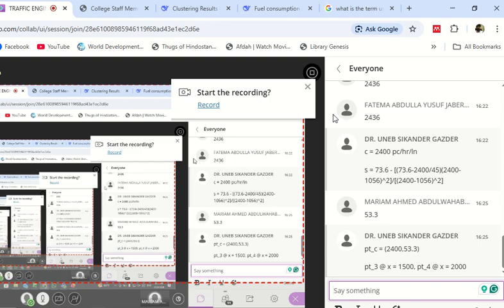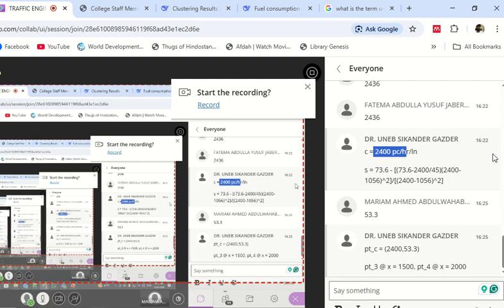Somebody can select 1200, 2200, 1800. Okay, anything between the breakpoint and the capacity. Breakpoint is 1056, capacity is 2400. So any numbers between them, and you don't have to restrict to 2 points. You can make it 4 points, 5 points, 6 points.